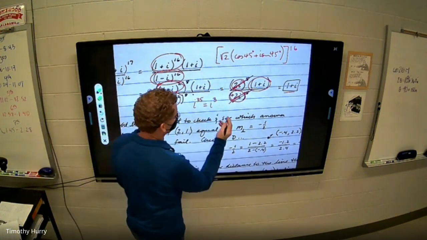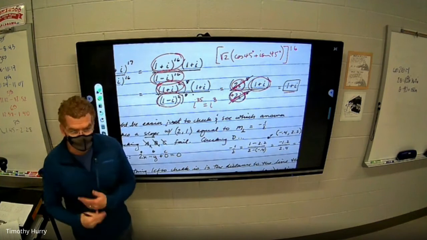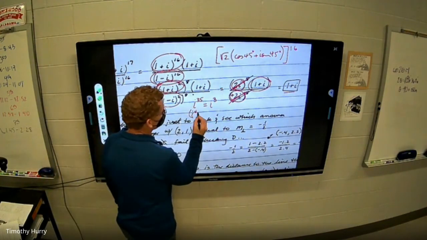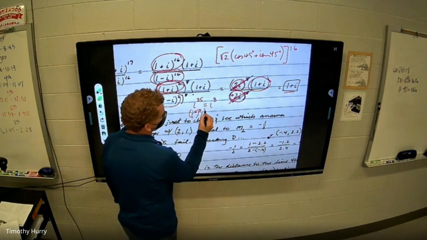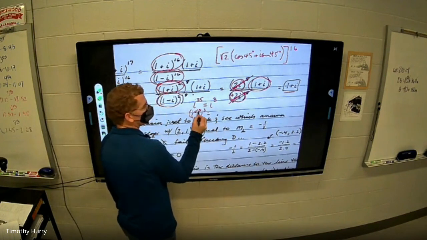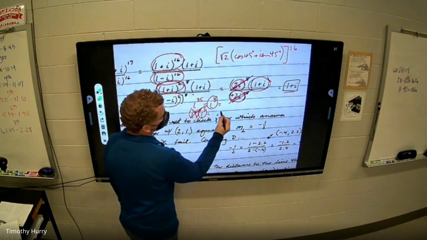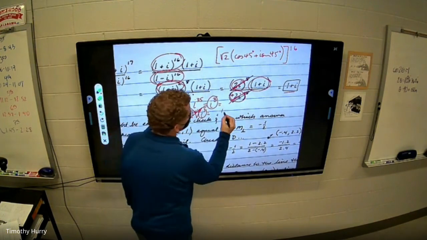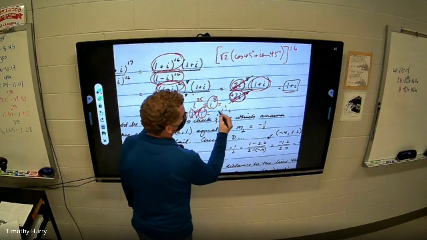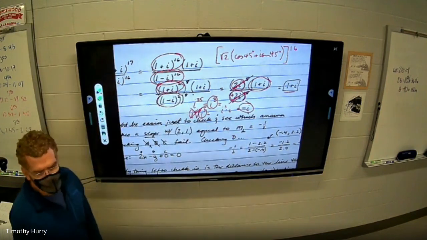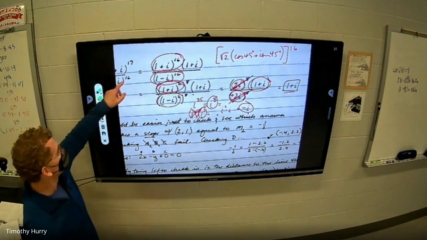And if you're wondering why, every i to the 4th is 1. And this is just a bunch of i to the 4ths with a few extra left over. And if every i to the 4th is 1, all you have left is i cubed. And then i cubed, if you struggle with memorizing those, that's just an i squared times an i, so a negative i.